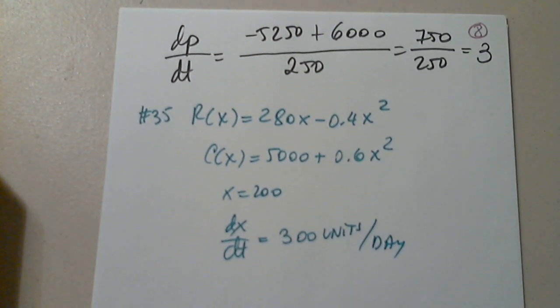So let's read the question again. Find the rates of change of total revenue, cost, and profit. Let's choose one. They're all the same. So you want to find the rate of change of the total revenue, the rate of change of the total cost, or the rate of change of the profit.